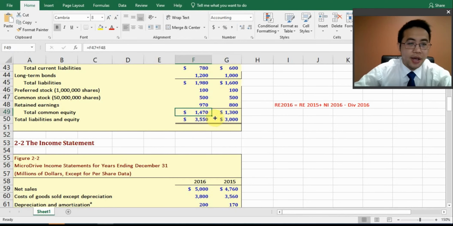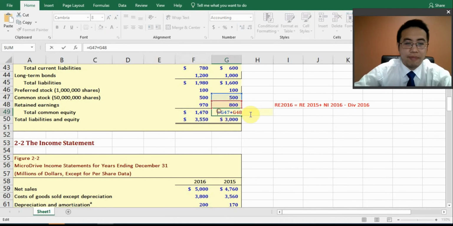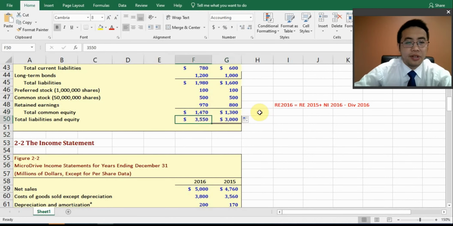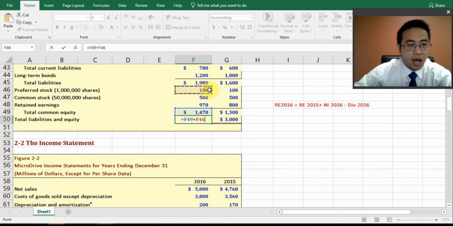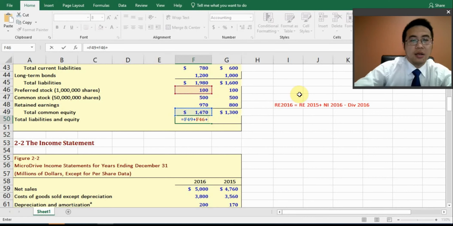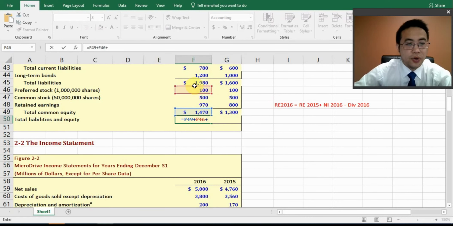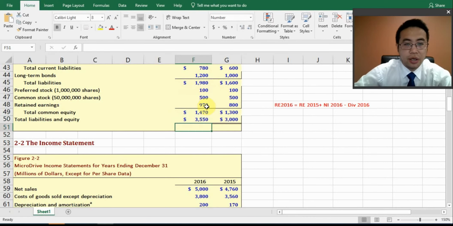All right, and then for the previous year, I just drag it by one column to the right. Okay, so for total liabilities and equity, this equals the total common equity plus the preferred stock, all right, and then plus the total liabilities. Okay, and then drag it by one column to the right.